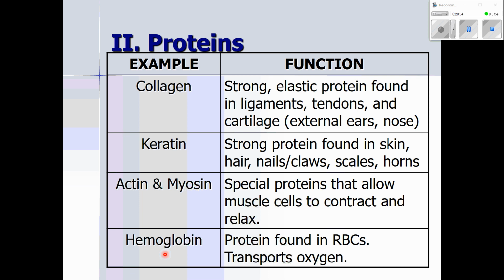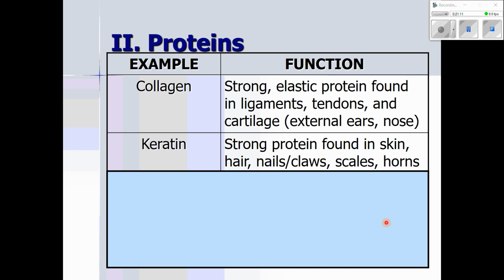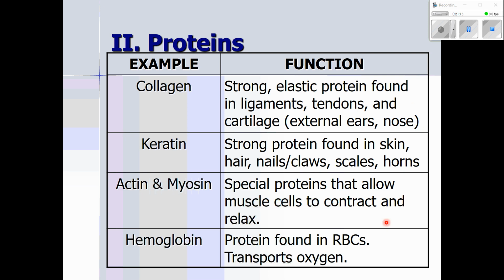Hemoglobin is the protein that makes our blood red. It is a protein found in red blood cells. Remember, we just talked about it because hemoglobin is an example of a protein that has quaternary structure. And the purpose of it is to transport oxygen inside our red blood cells.